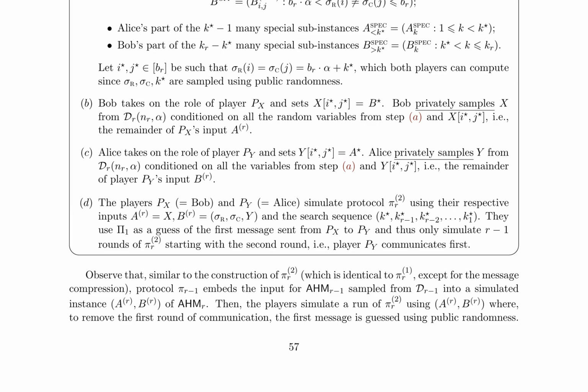They use pi 1 as a guess of the first message sent from PX to PY and thus only simulate R-1 rounds of pi 2 R starting with the second round, i.e., player PY communicates first.